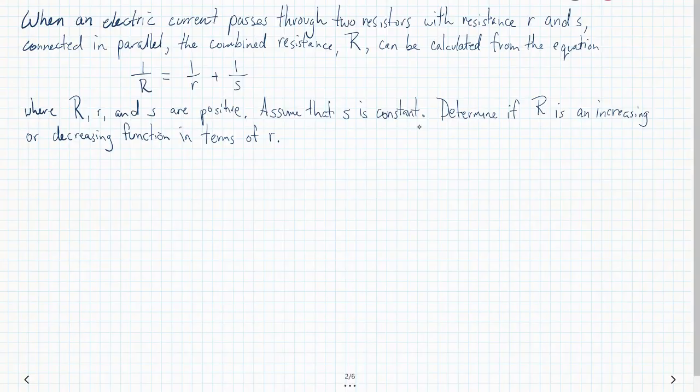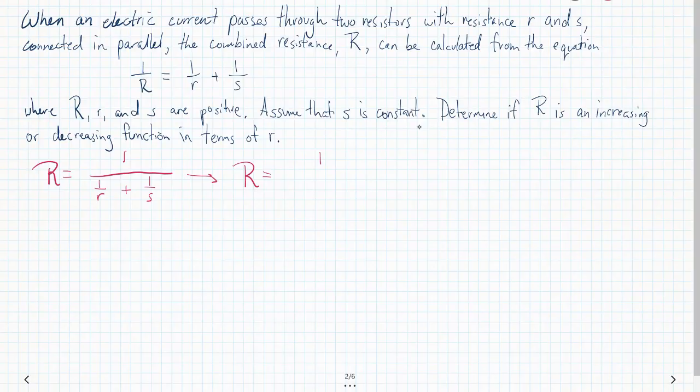Well, first things first, we could flip this over. So we could say capital R equals, and if I flip that over, I have to flip over the other side. So we go 1 over little r plus 1 over s, right? But this doesn't look nice in terms of taking a derivative. So this is just the original equation that we're working with.